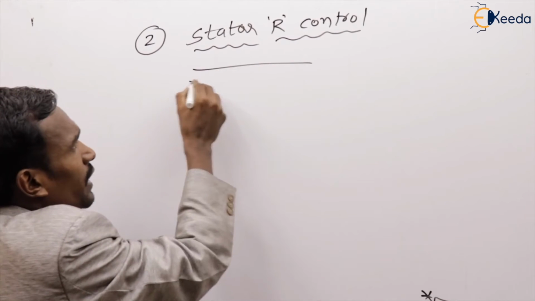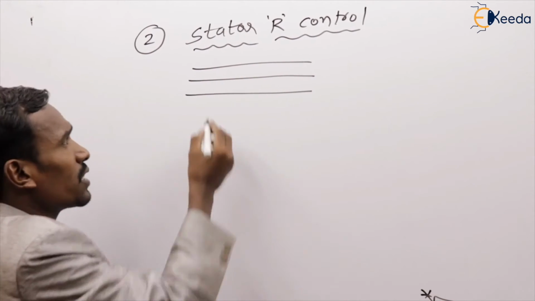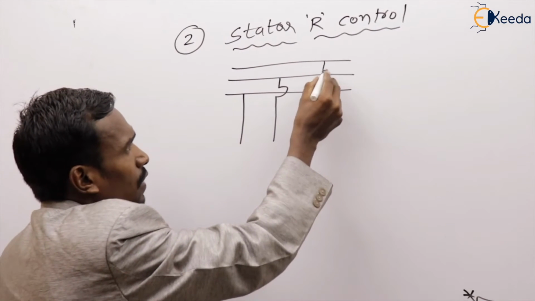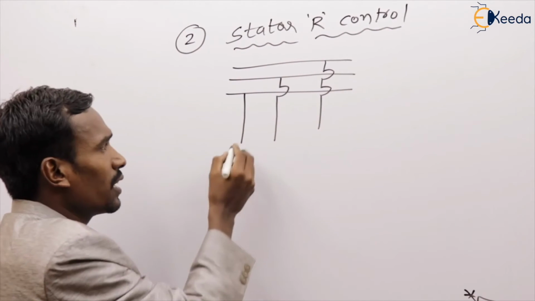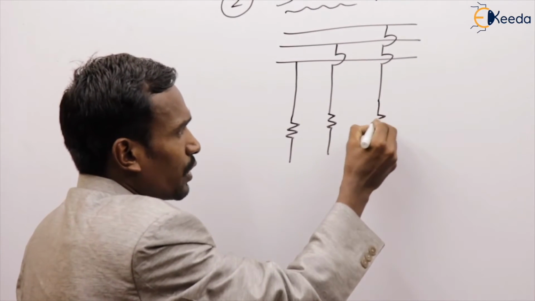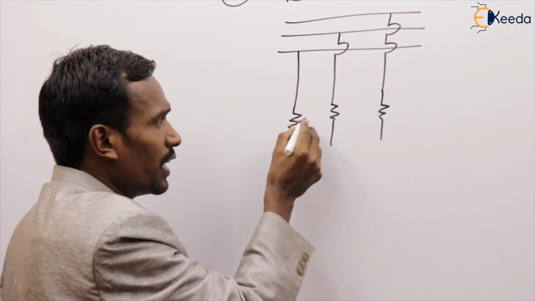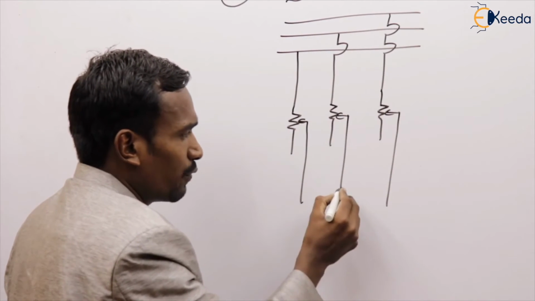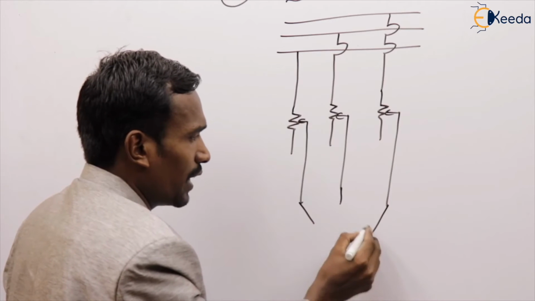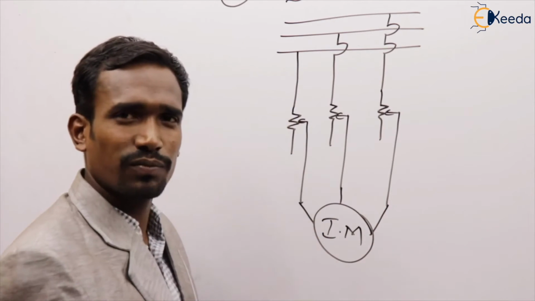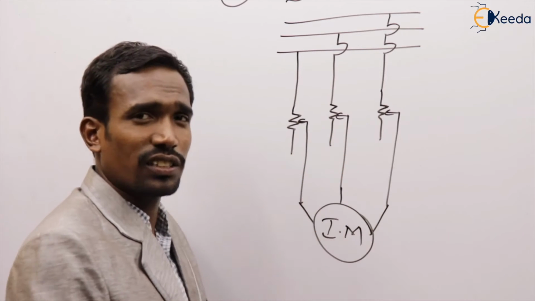What we are doing here, see here, this is the supply mains. From supply mains, this is connected to some rheostat. Now here I am taking the tapping points, which is connected to our induction motor. This is stator resistance control.